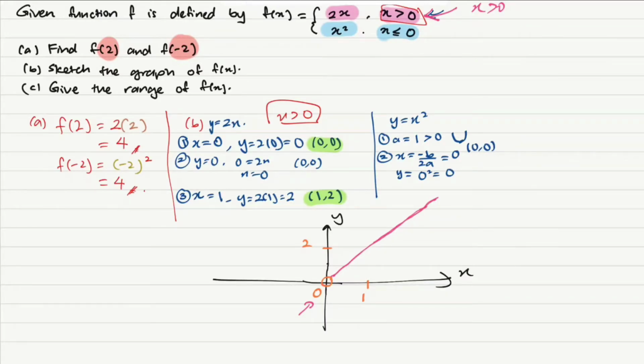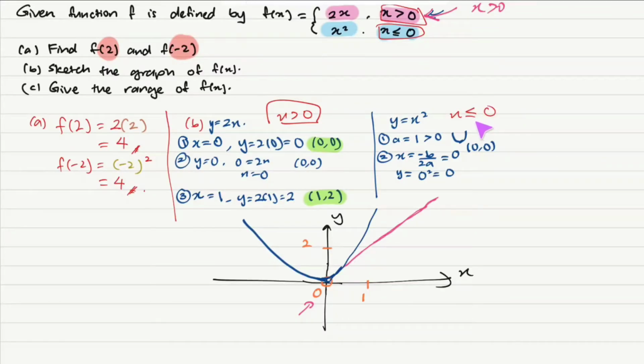Okay, now we can straight away sketch the graph. At (0, 0) is the minimum point, and we can sketch that smiley shaped graph. But hold on, does the graph look like this, or is it just half of the graph? Now let's check the domain. The domain given is x less than or equal to 0.